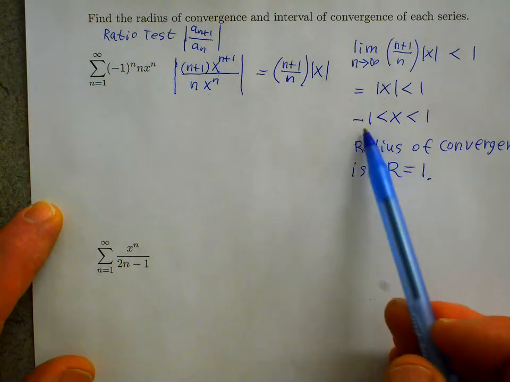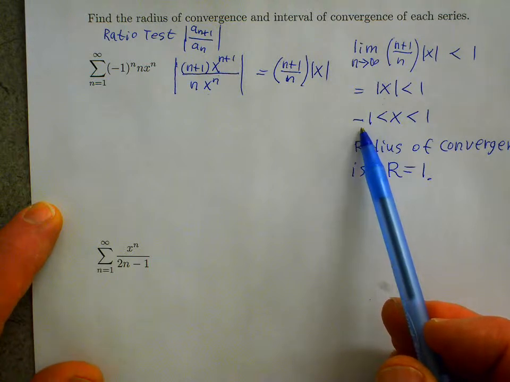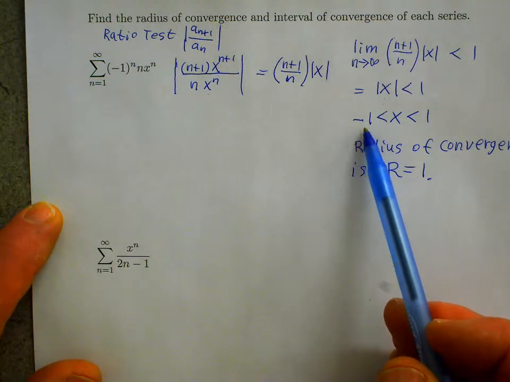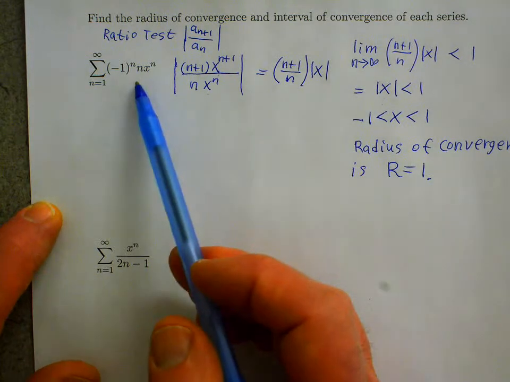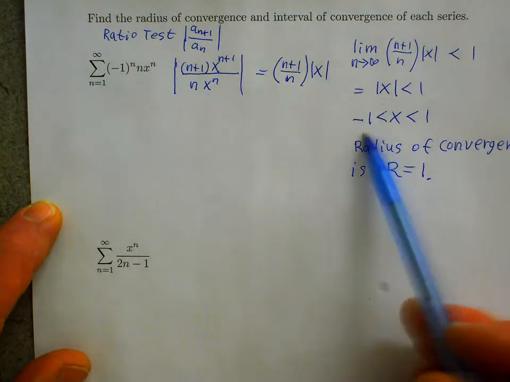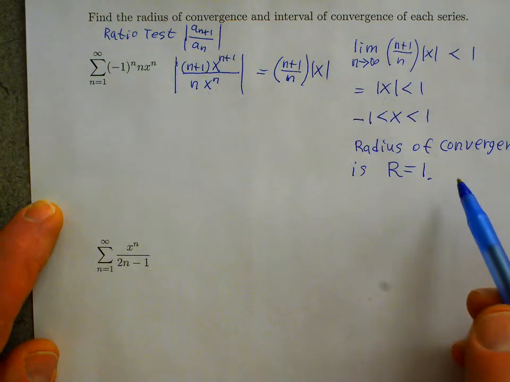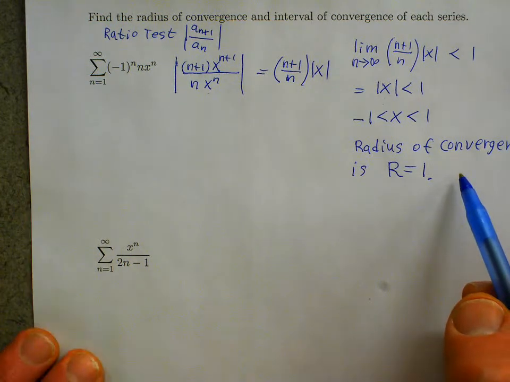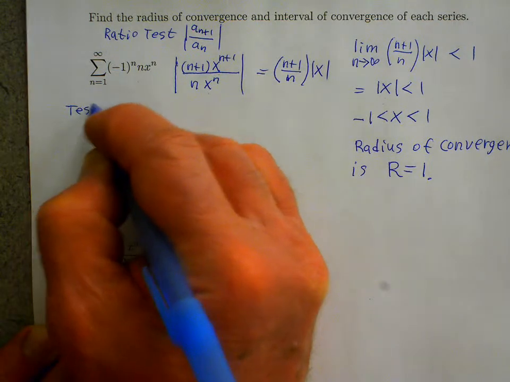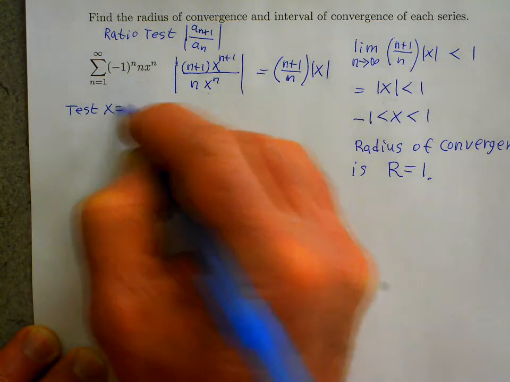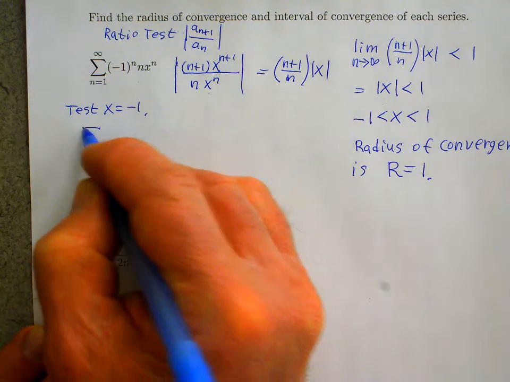And then we still have a little bit more work to do. We have to individually test x equals negative 1 and x equals positive 1 to determine if they are part of the solution set. So we'll test when x equals negative 1 first and look at the resulting series.